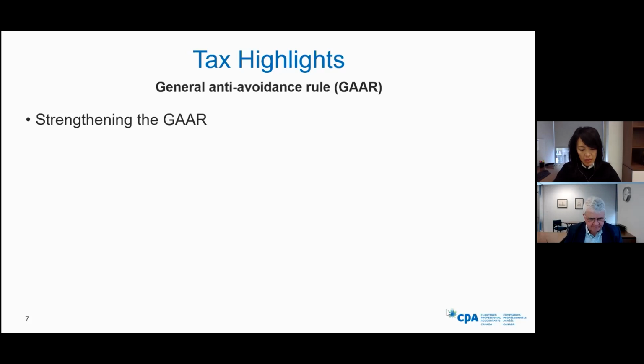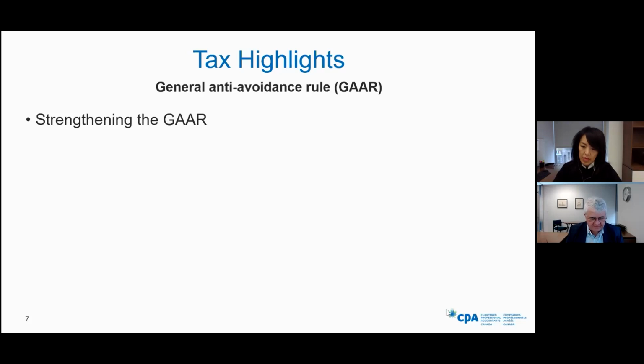And they put in an example of the tax-free savings account, because one of the things we were certainly discussing in our call with them, and I'm sure others were, is that there are things that are acceptable that don't necessarily have a lot of economic substance. They used the tax-free savings account as an example, because essentially, if you ignore tax, you've just moved money from one investment account to another.